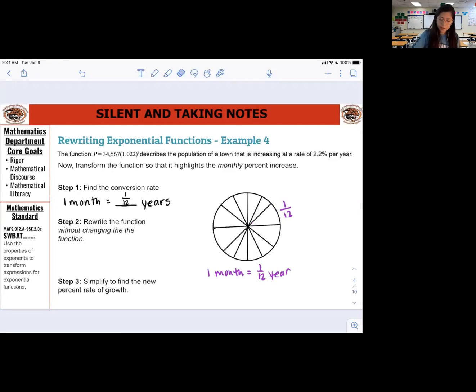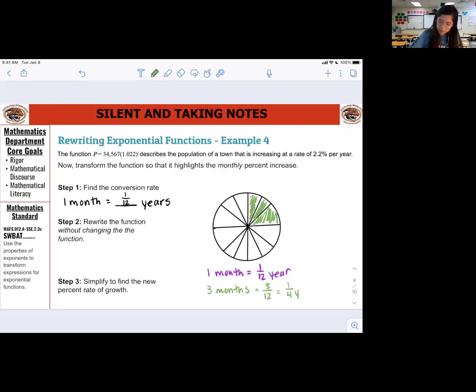But now think of it like this. What if I ask you how much of a year is 3 months? 3/12. Good. It would be 3 slices, right? So I have 1, 2, 3 out of 12. But 3 out of 12 simplifies. So what's 3 out of 12? 1/4. Good.